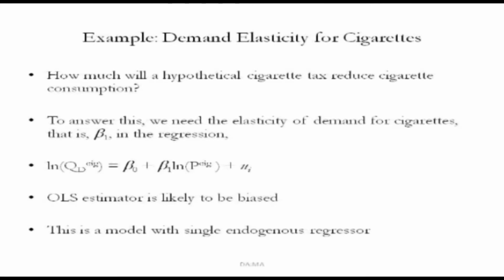So what we have first is an example of estimation of demand elasticity for cigarettes. So the question that we ask over here is, how much will a hypothetical cigarette tax reduce cigarette consumption?